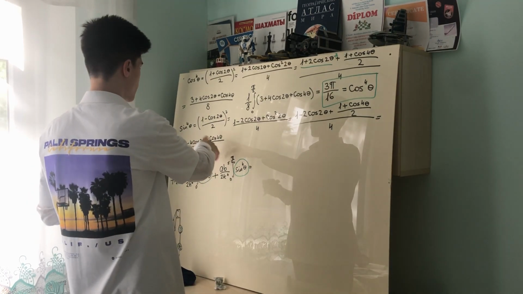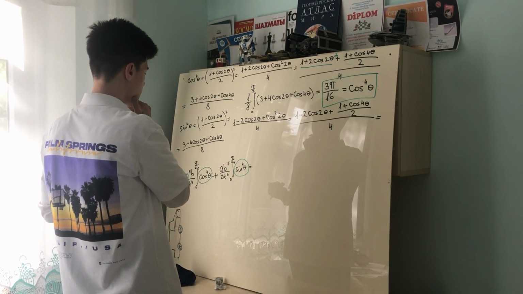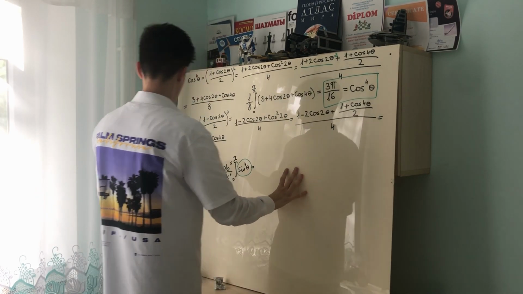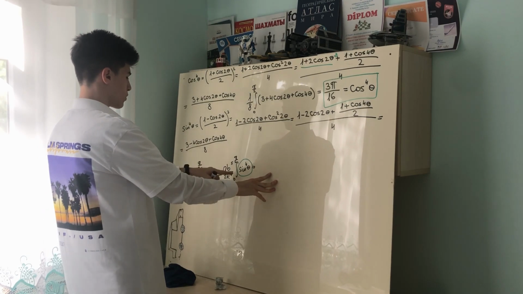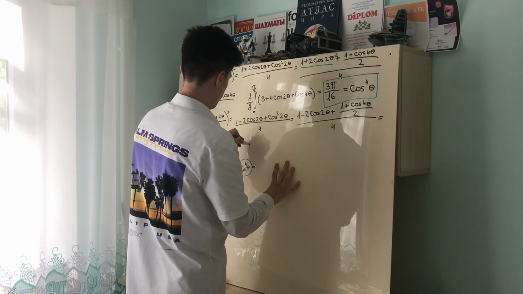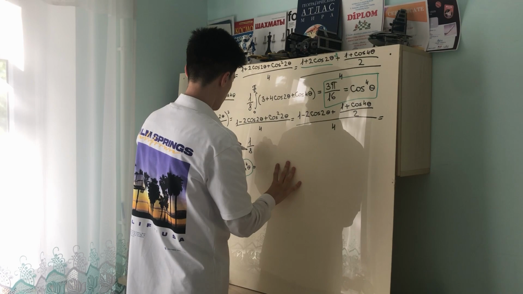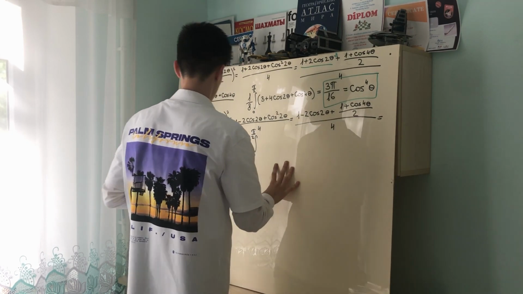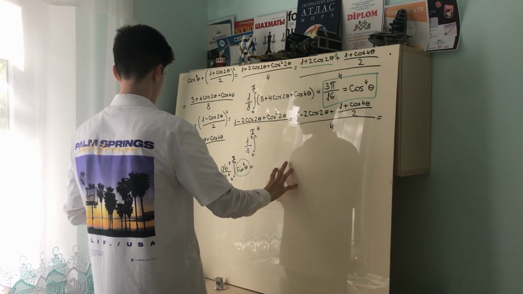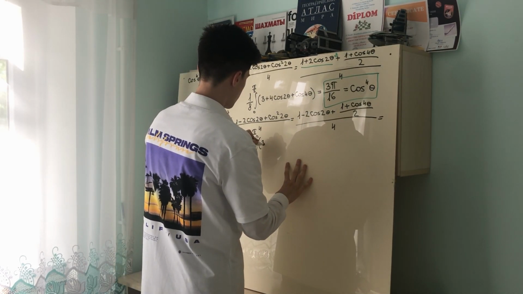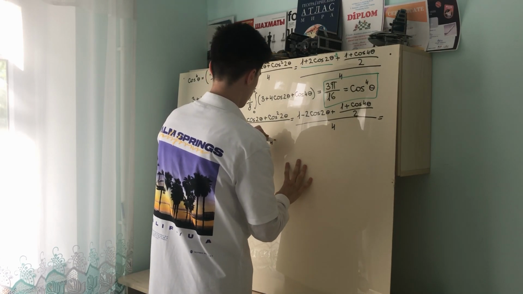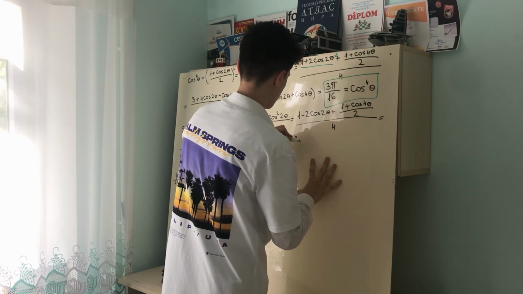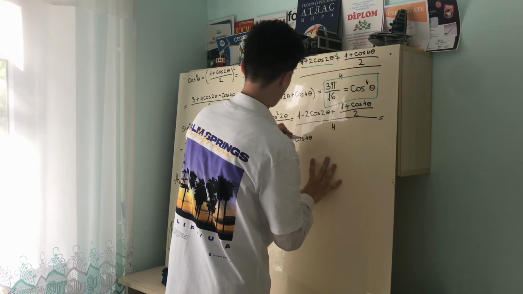So when we put it into our integral, again we can write 1 over 8 in front of the integral. So 1 over 8 times the integral from 0 to pi over 2 of 3 minus 4 cosine 2 theta plus cosine 4 theta.